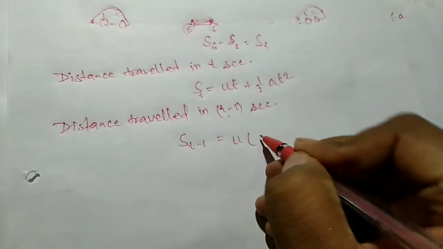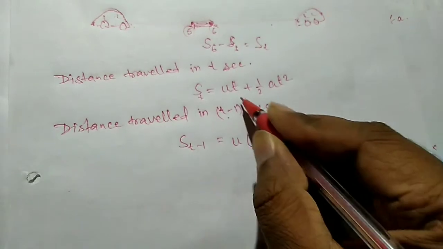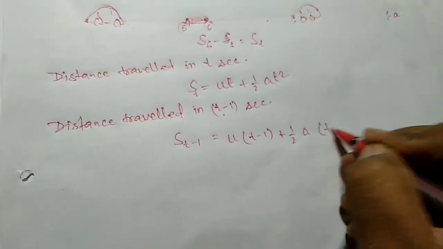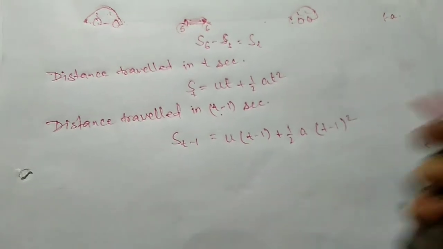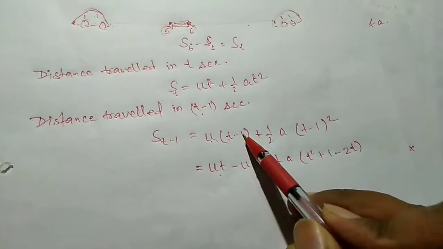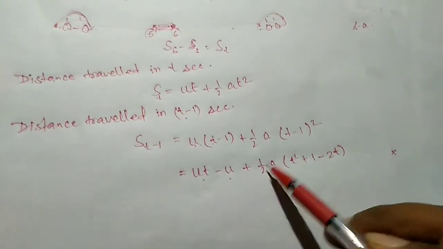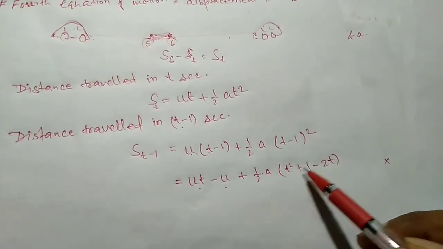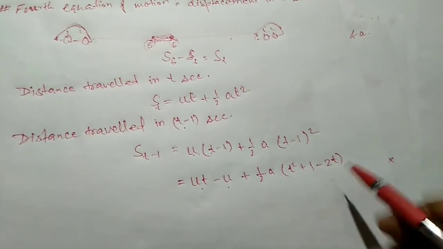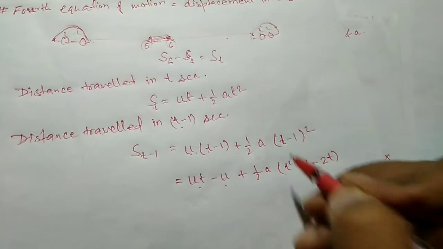So u(t minus 1) plus half a (t minus 1) whole square. Let's open it. So after opening, u into t minus u, half a as it is, and (t minus 1) whole square means t square plus 1 square, that is 1, minus 2ab, that is 2t. This is actually t, don't be confused.